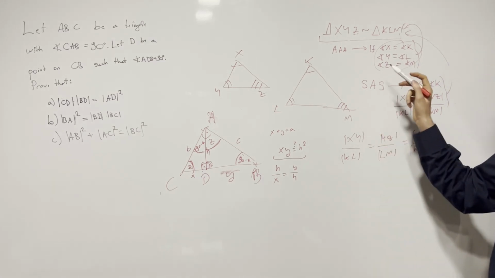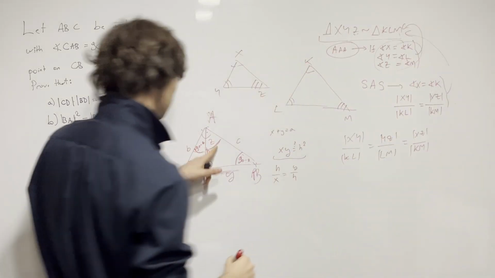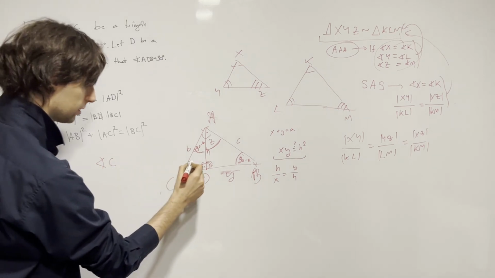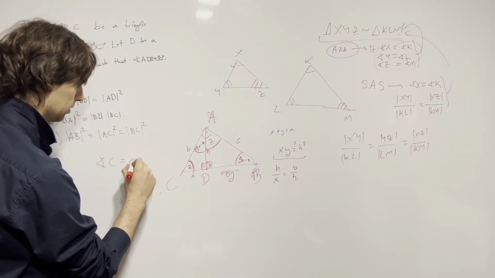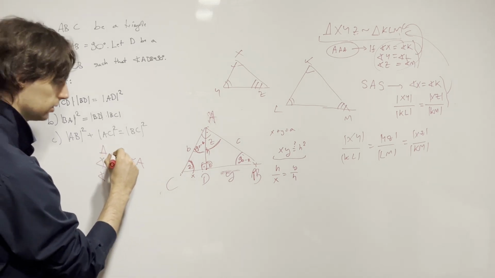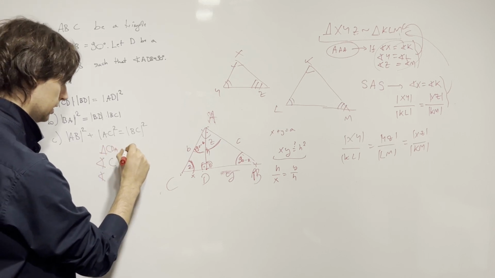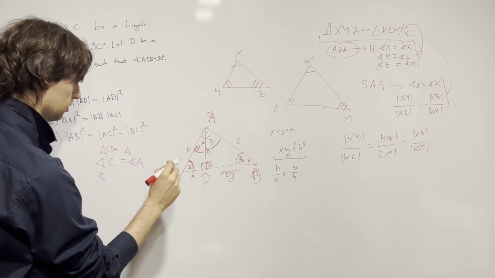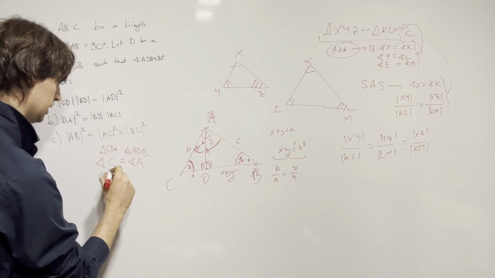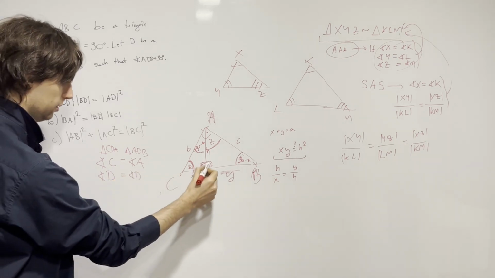Well, looking at the angle-angle-angle condition, in these two triangles, CDA and ADB, the angle at D is equal to the angle at D, which is 90.